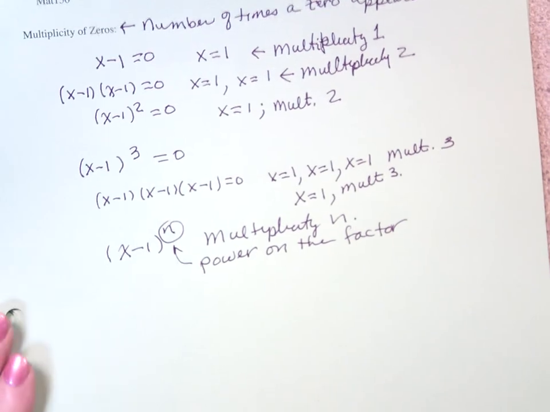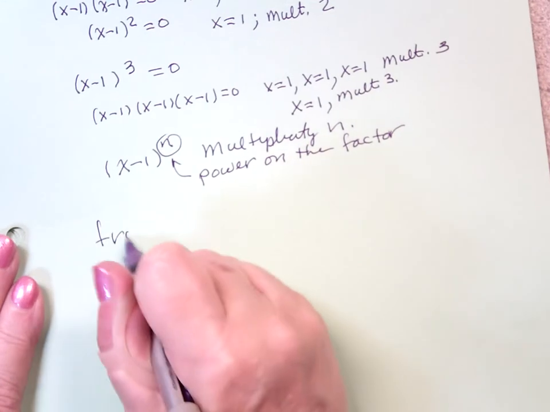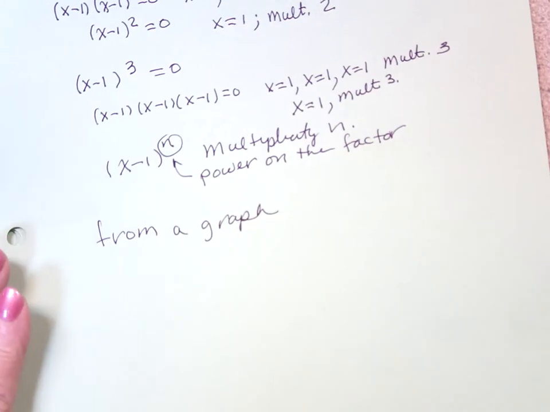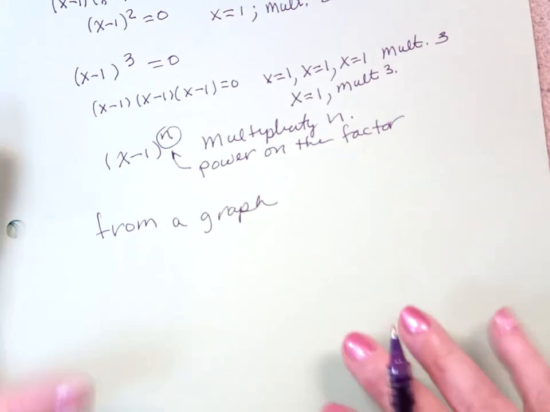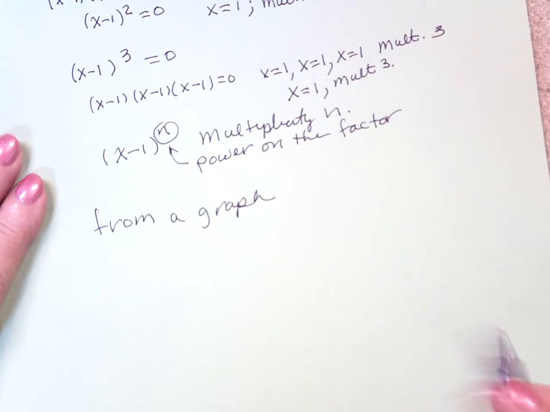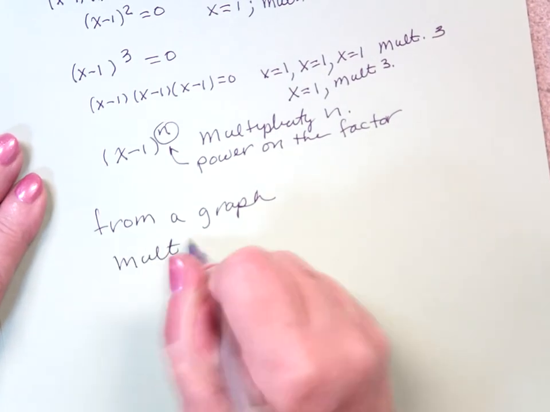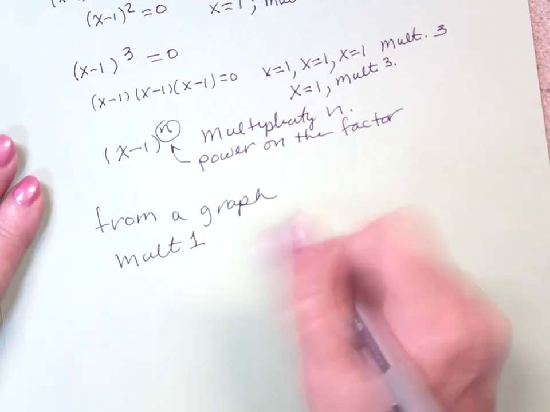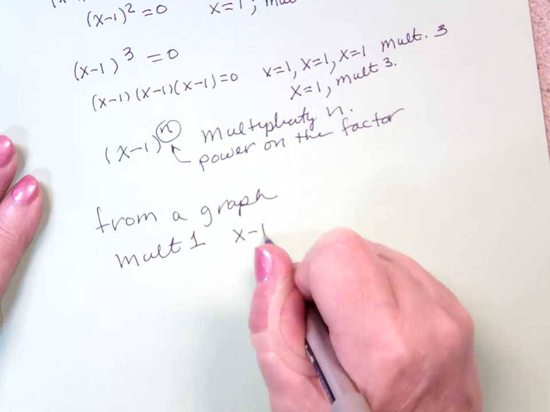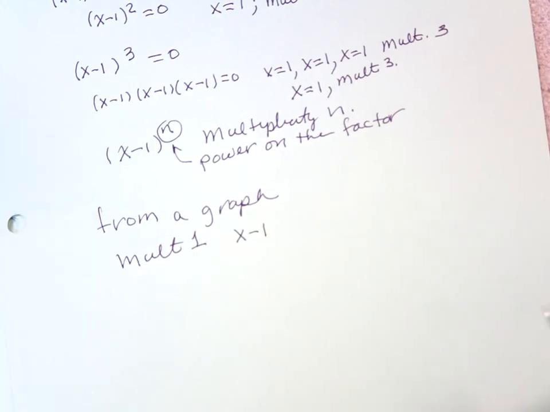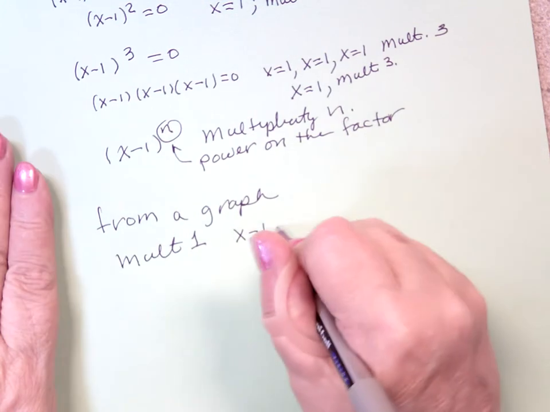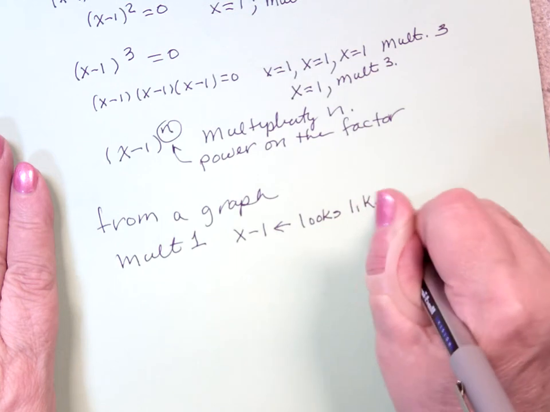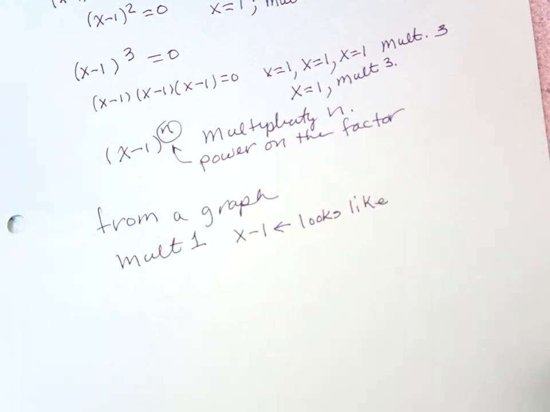Now, from a graphical point of view, how do I know what multiplicity is? Well, a multiplicity 1 would be something like x minus 1. Now, if I were to graph x minus 1, what does it look like?